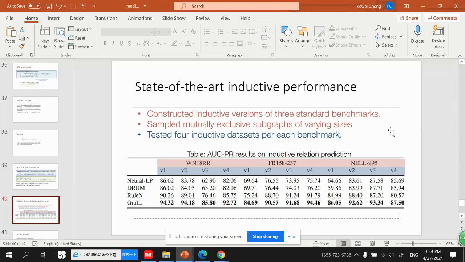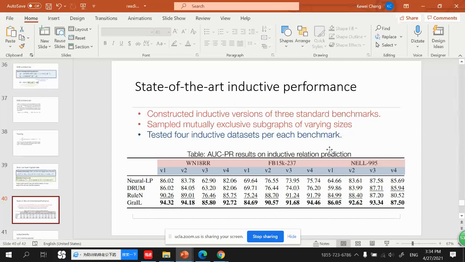They construct the inductive version of 3 standard benchmarks on 3 commonly used knowledge graphs, and in order to show the ability of their proposed model, they also sample mutually exclusive subgraphs of varying size.